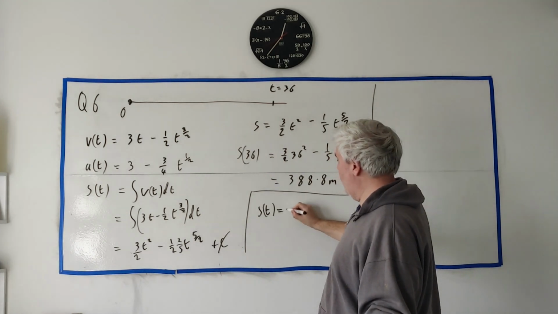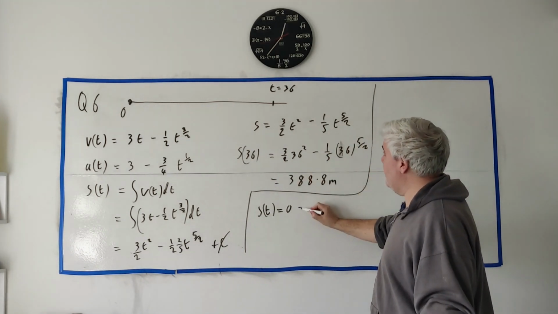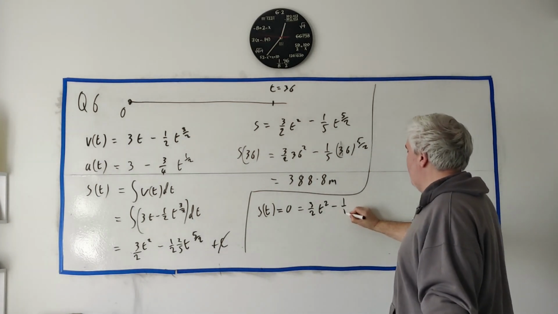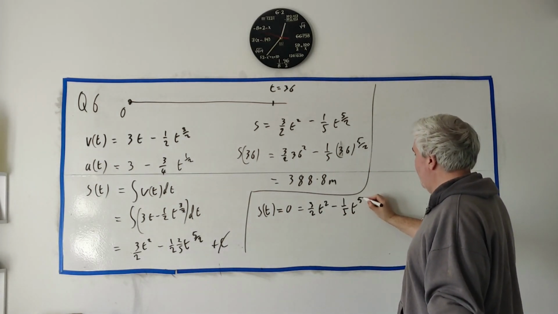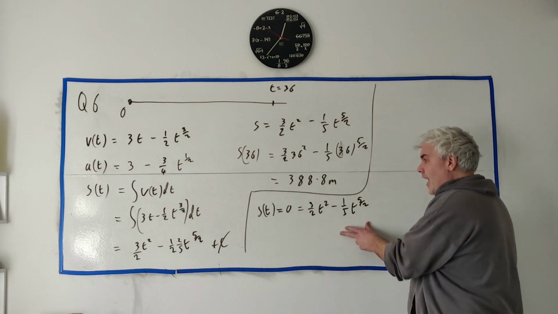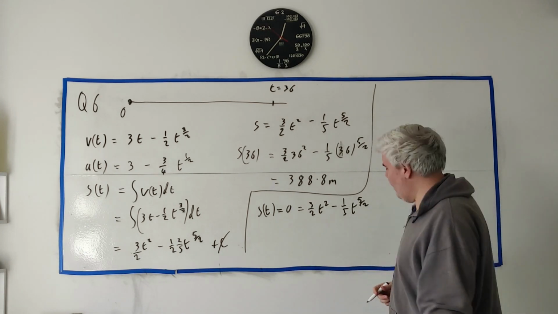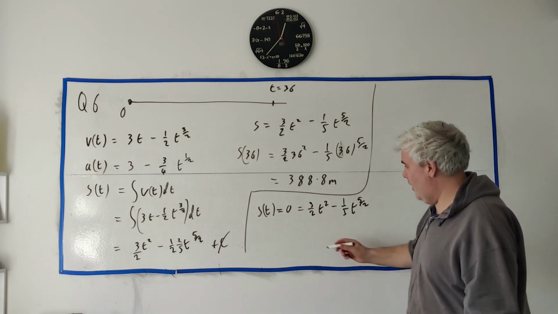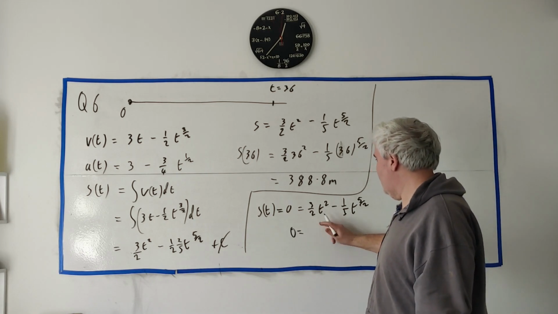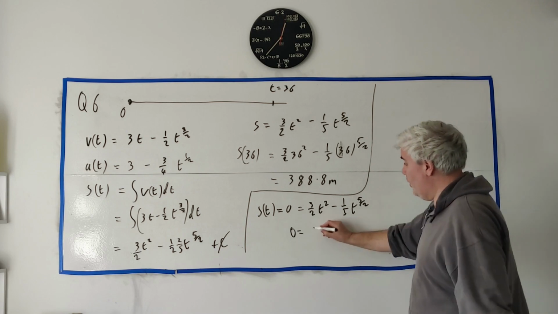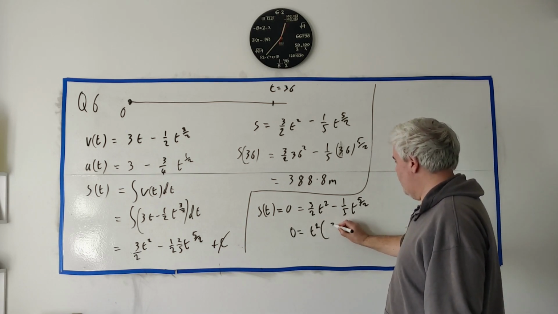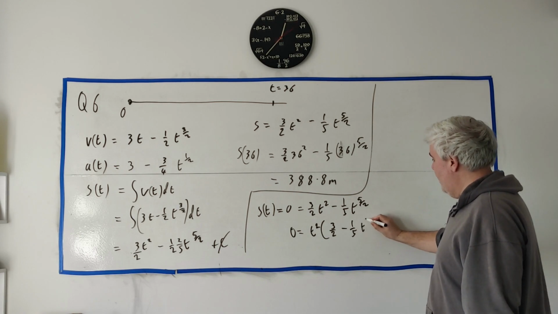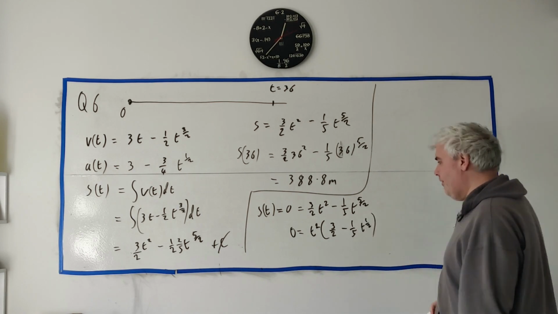So s equals 0, which is equal to 3 over 2 t squared minus 1 over 5 t to the 5 over 2. Again, just like in part B, we just need to solve this equation, and it's very similar. What goes into both of these? t squared does. t squared goes in 3 over 2 times minus 1 over 5, and it leaves t to the power of a half.